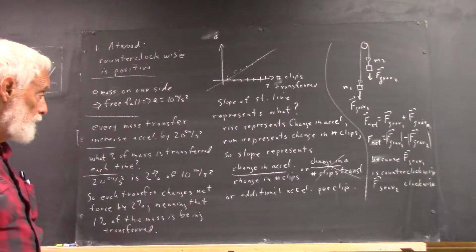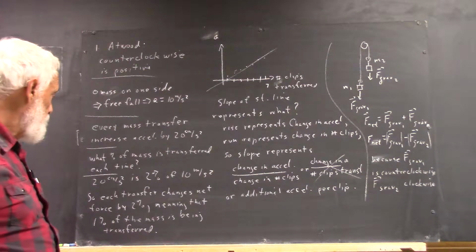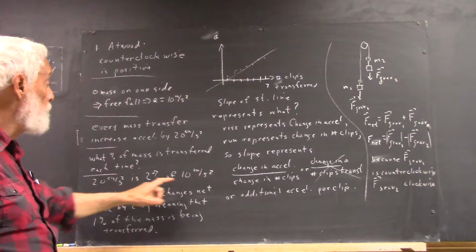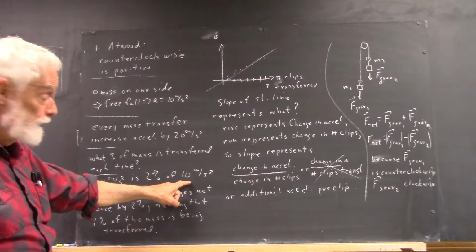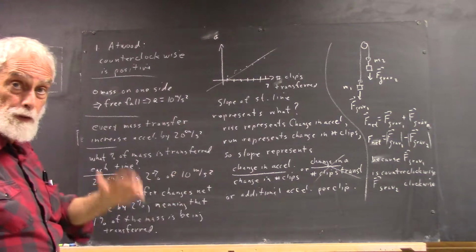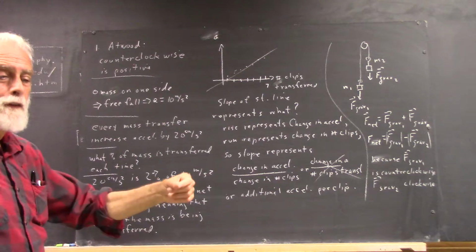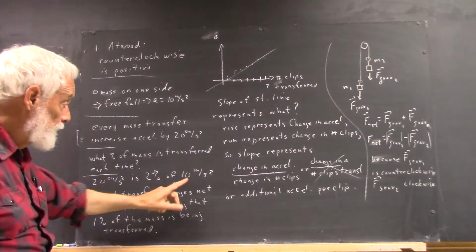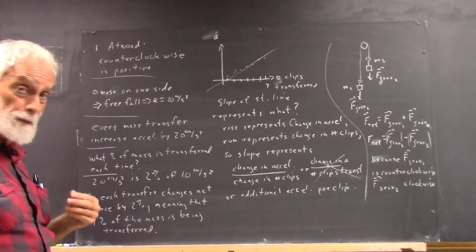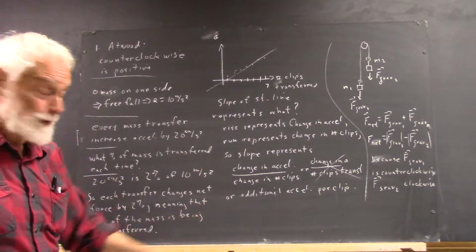Well, you know, we had to do a little thinking. As one person came up with it, 20 centimeters per second squared is 2% of 10 meters per second squared, isn't it? So, if you divide this into 10 meters per second squared, you get 50, which means that you would transfer 50 masses before you got to an acceleration of 10 meters per second squared. So each transfer is 1/50th of the total mass.